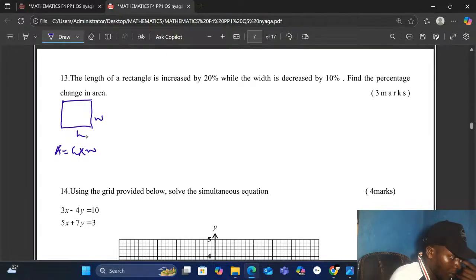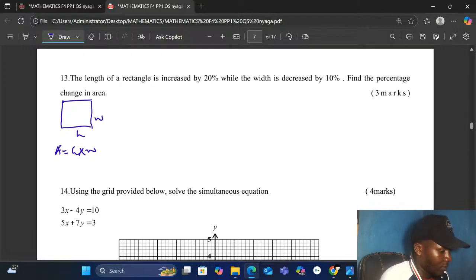Now, we have the length of the rectangle increased by 20%, while the width is reduced by 10%. So that means you can have this.